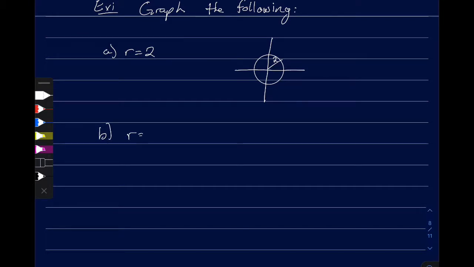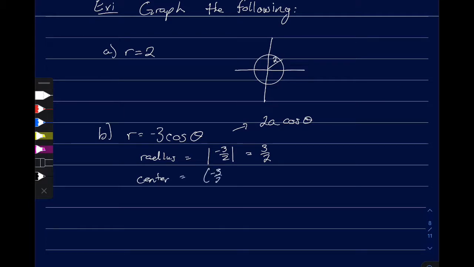Now b, if we have r is equal to -3 cosine theta, we know that its radius is going to be the absolute value of -3/2, right? Because this is in the form 2a cosine theta. So its radius is going to be 3/2. And its center is going to be -3/2, 0.